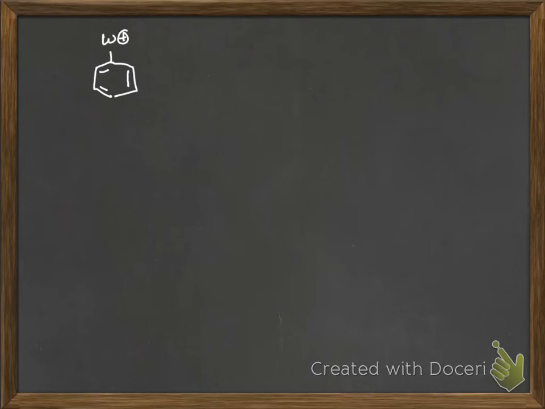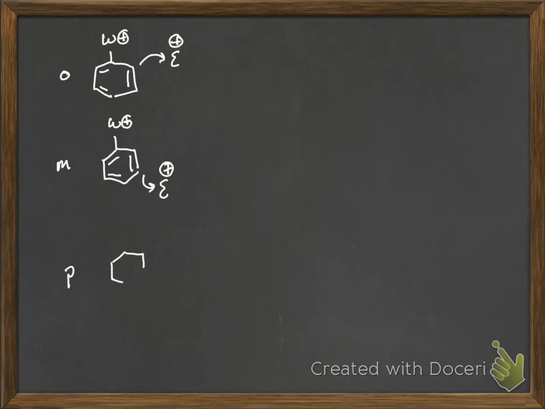What we are going to talk about here, though, is what happens when, with the electron withdrawing group there, you do an ortho attack, a meta attack, and a para attack.